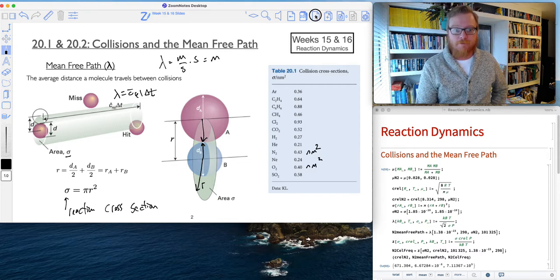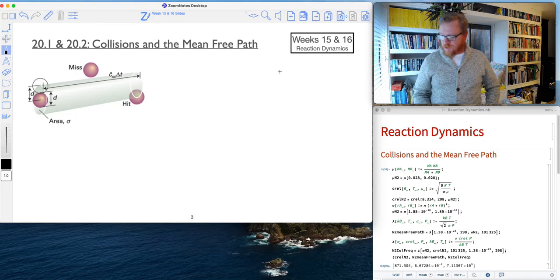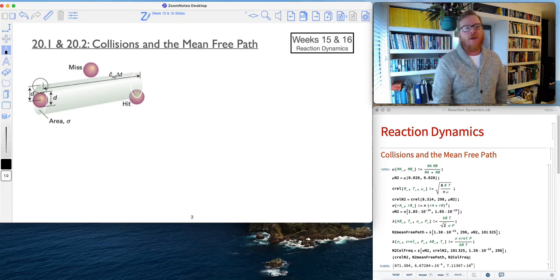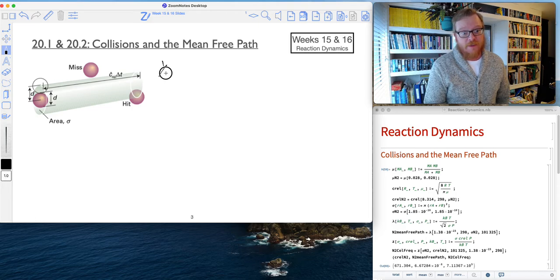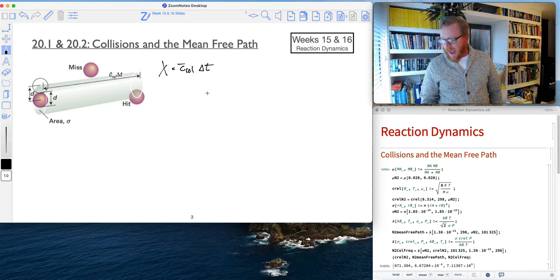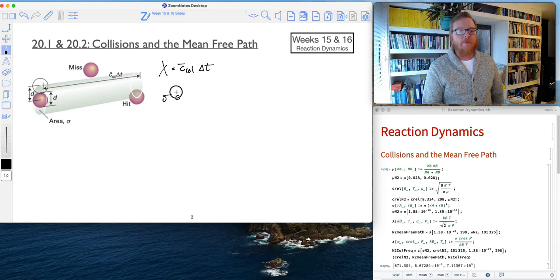path, okay? So it starts by recognizing that this distance, lambda, is going to be c bar relative times delta t, okay? And we can turn that into a collisional area by saying sigma times c bar relative times delta t. So that gives us our collisional area.